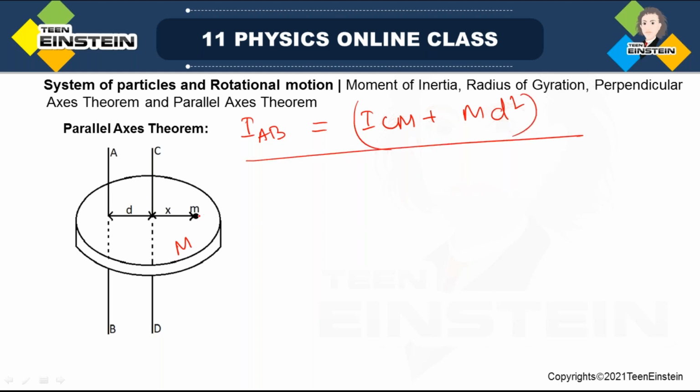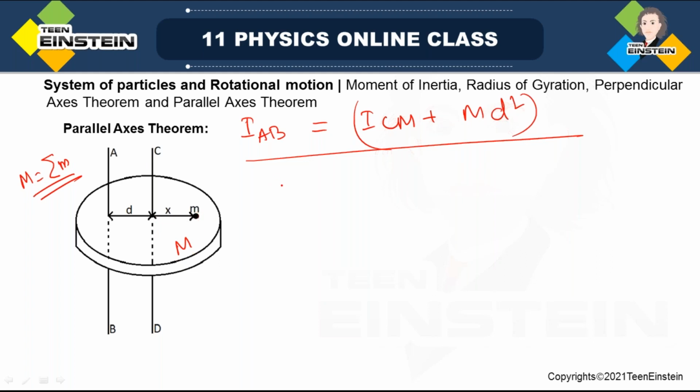To prove it, let us take one point mass. Suppose the whole mass is obtained by the summation of such masses. I'm taking a point mass at x distance from the center of mass.